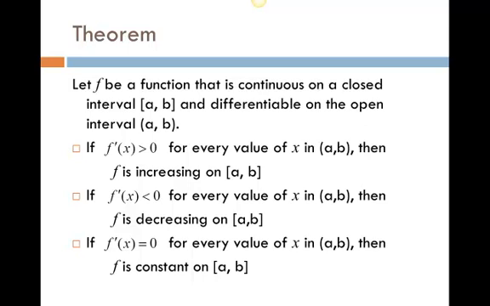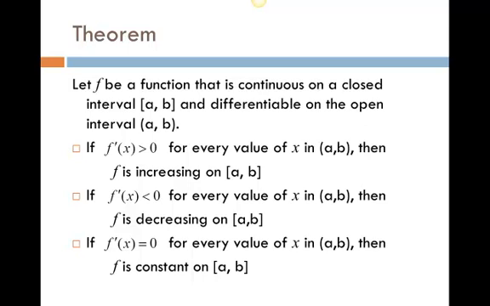So the first part says if f prime of x is greater than 0, right? So if the first derivative is greater than 0 for every value of x in the open interval ab, then f is increasing on the closed interval from a to b, right? So we saw this last chapter when we were talking about monotone increasing and monotone decreasing.